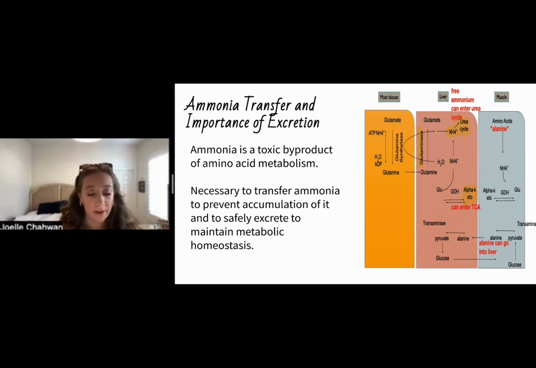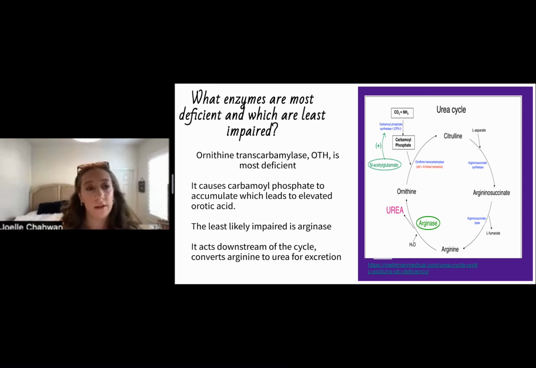And when our body is fasting, our body needs glucose, which is that energy. So pyruvate can act through gluconeogenesis to start making glucose from non-carbohydrate sources, such as the amino acids that we just discussed, like alanine. So that's how we can see the connection of the two. And again, it's necessary to transfer the ammonia and excrete it to maintain metabolic homeostasis.